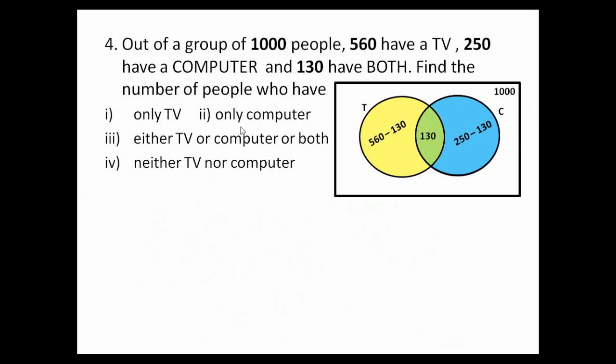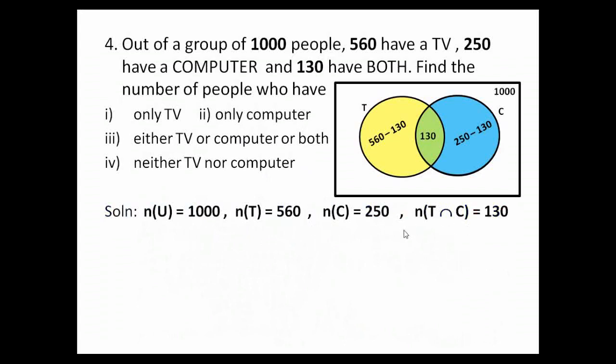Okay, so now the number of people who have only computer. We just represent all the data that has been given. Only computer means the people present here, we can say C minus T. So the cardinal number of C minus T will be the number of people who have only computer, which will be NC, the total number of people who have computer, minus the people who have both.